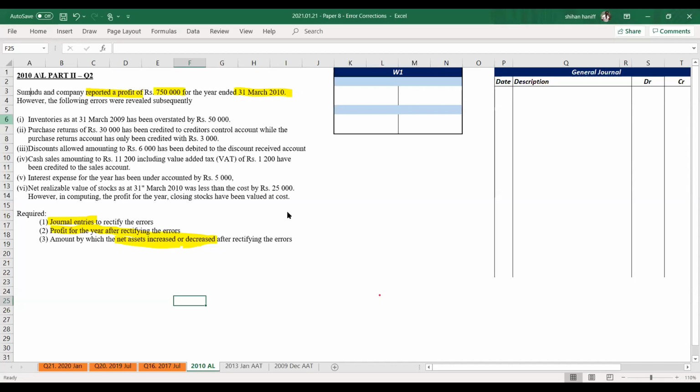Right. So let's draw a general journal. Date, description, debit and credit.